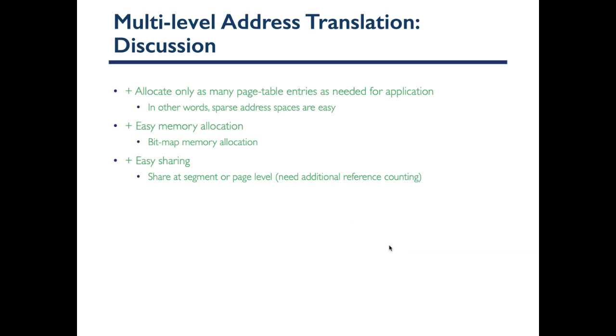Now, what are the downsides? The first one is that if a process uses its entire virtual address space, then we are actually keeping more page tables because we're adding levels.